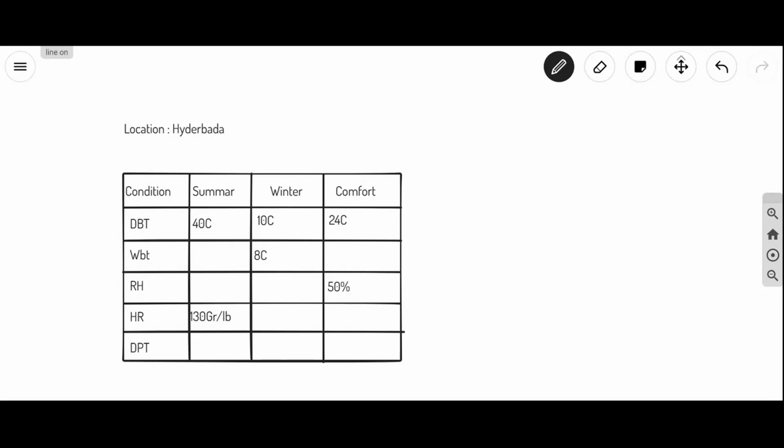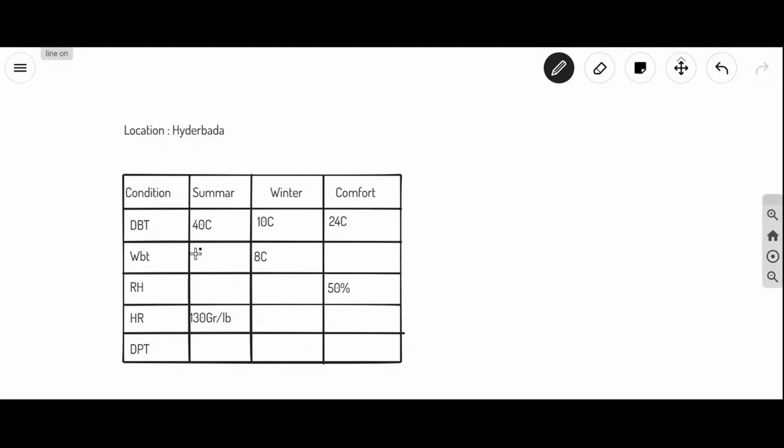Sir, RH 40%, WBT 75, DPT 74. Can you repeat? Sir, relative humidity is 40%.